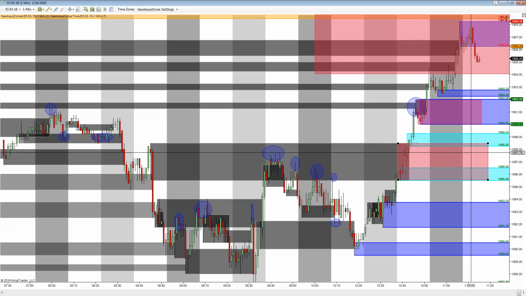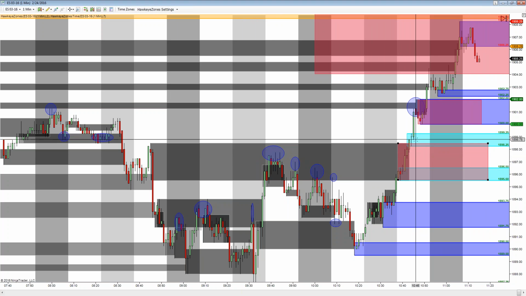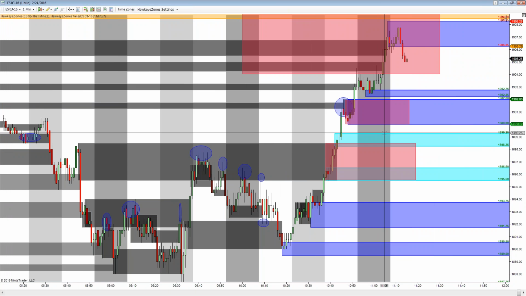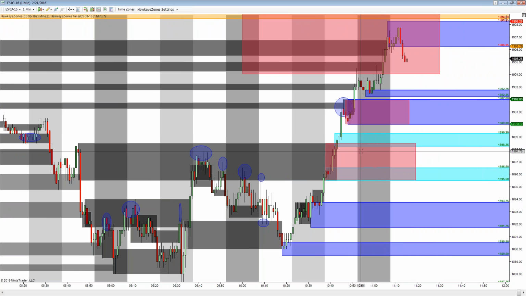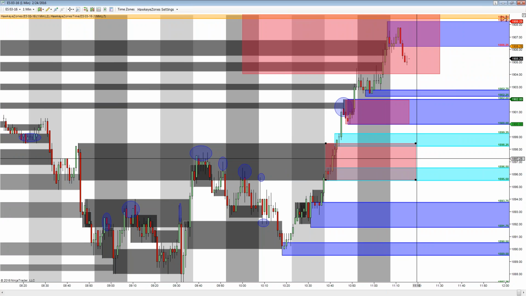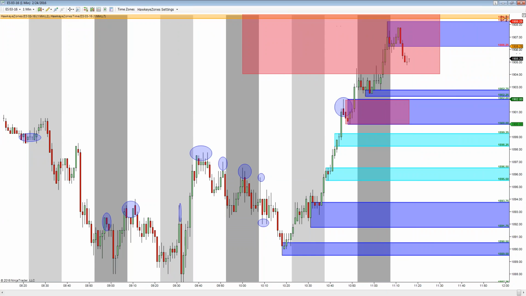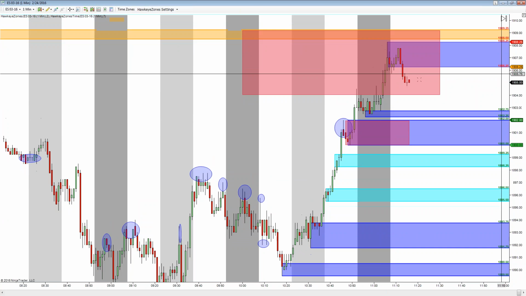And lo and behold, we have 2 zones now, one forming on the edges of that area, saying when price comes back into this area, look for price to respond in those 2 areas as far as support and resistance is concerned, all right? That's how the dead zones are important, and that's why we give you the ability to see the zones, all right? Because these zones will draw, and it's a time-saving tool, okay?